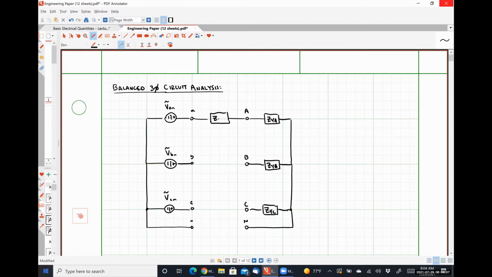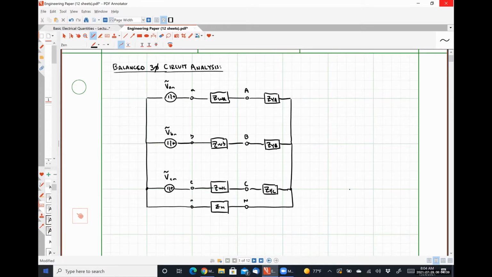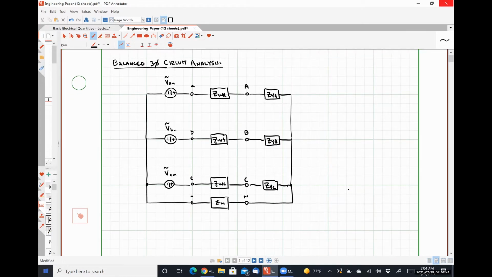So this will be ZWA, ZWB, ZWC, and finally down here on the neutral, we will have ZN. So here's our system.